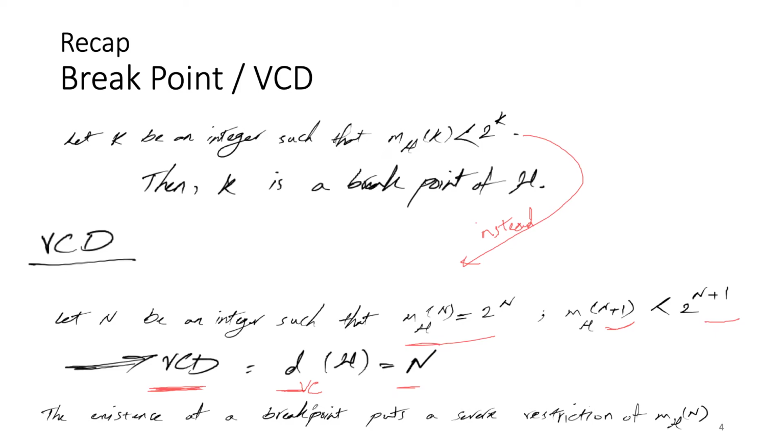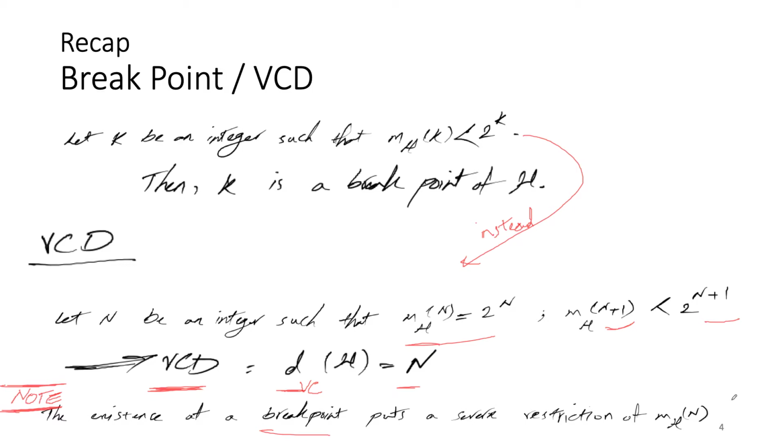So this is good. At least we have a better upper bound for the complexity of the model. On the other side, having a breakpoint value is a very important note to consider. The existence of a breakpoint puts a severe restriction over the growth function.